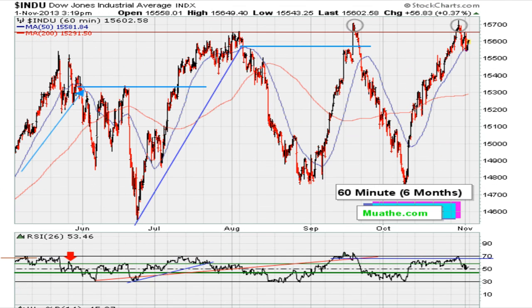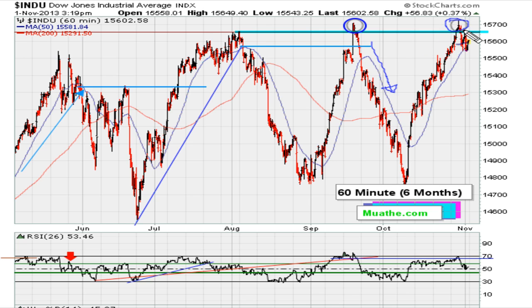Before I forget, let me take you back to the Dow hourly chart. Notice that this line has been resistance on the Dow hourly chart. We were unable to hold that level once, and we had this drop here. And so we were rejected again precisely at that level.